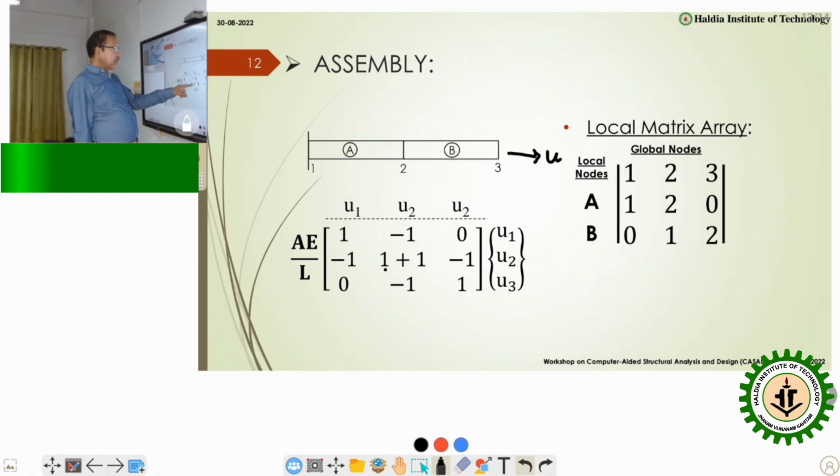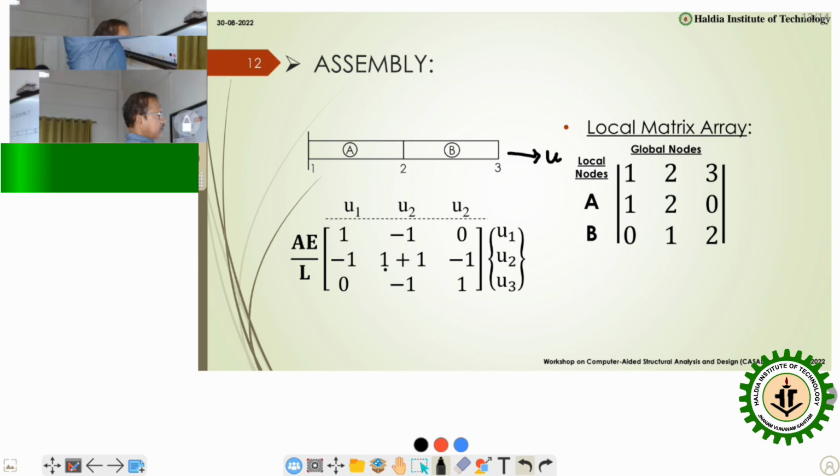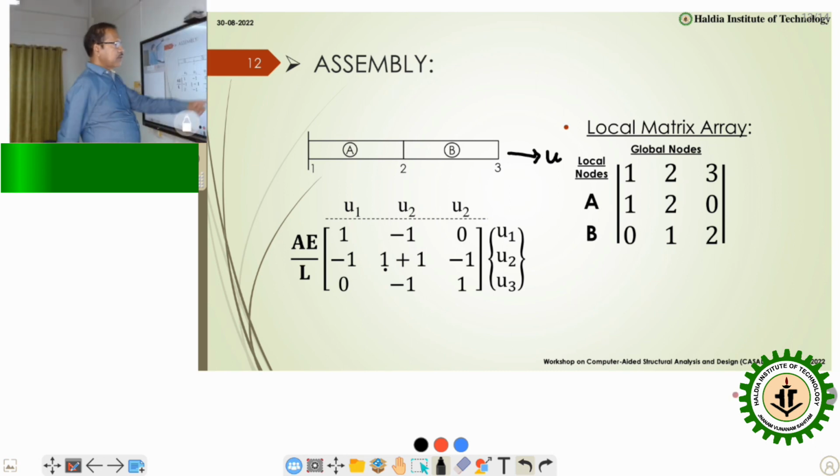Again, the entries corresponding to the second element, which is 1, have to be assembled here, so that gives plus 1. For the other node of the first and second elements, it will be minus 1. The off-diagonal terms will be minus 1 and the diagonal terms will be 1. So this covers our assembly process.